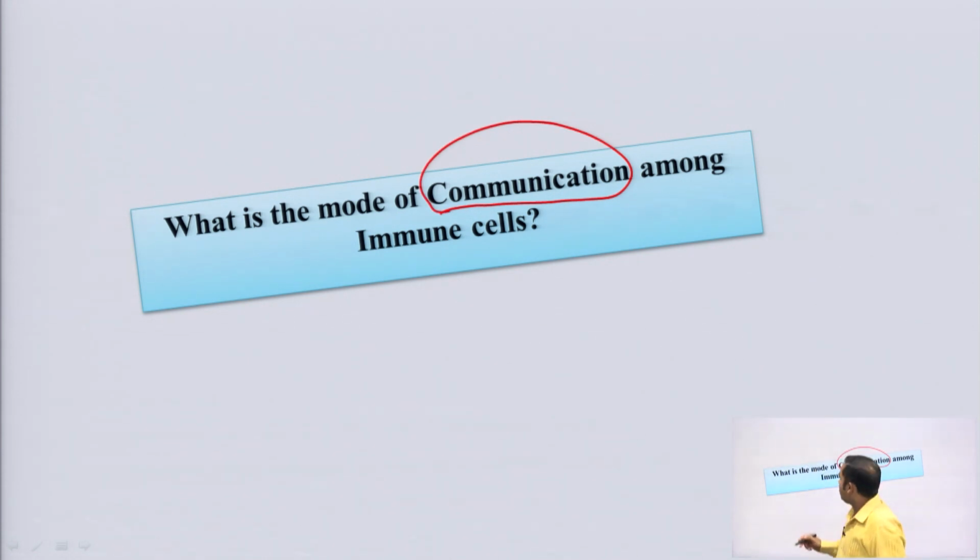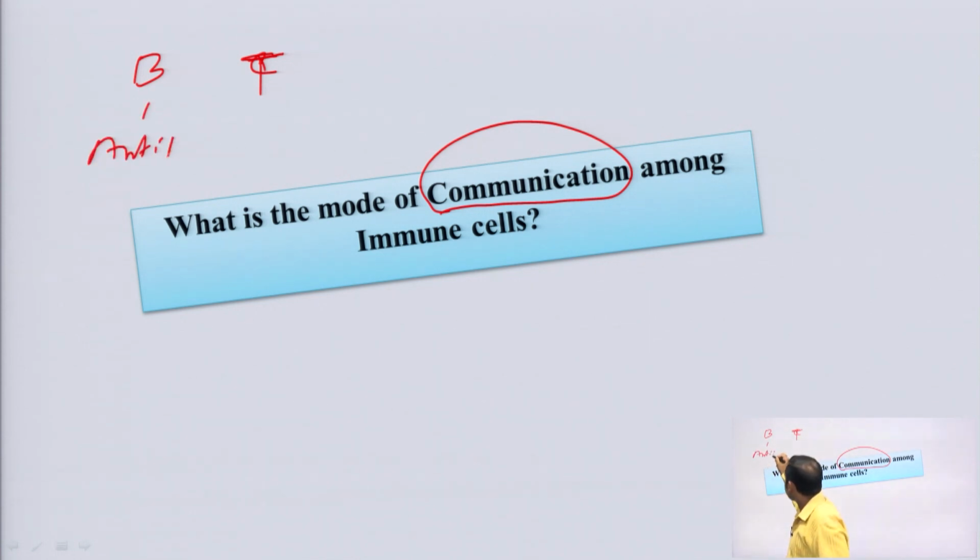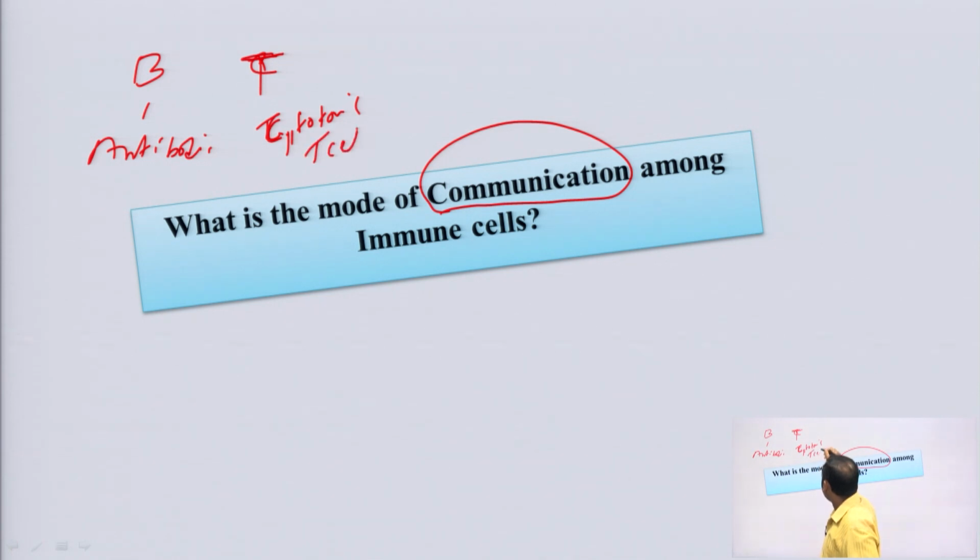You have seen that our B cells produce antibodies, and T cells directly go and bind, like the cytotoxic T cell. So that is the major difference.